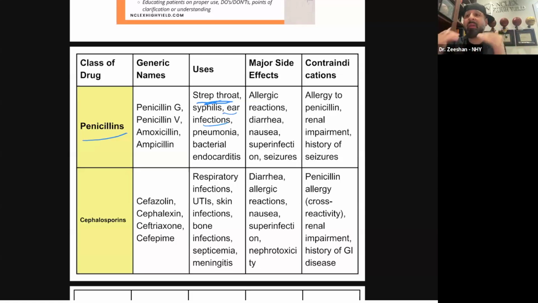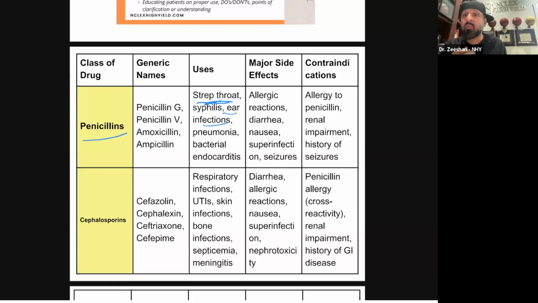We start with penicillin. But what we need to know, aside from the fact that it's a great broad spectrum antibiotic, is that we can develop allergic reactions. When I was growing up, penicillin allergies, nut allergies, egg allergies weren't a thing. Nowadays, allergic reactions are huge.